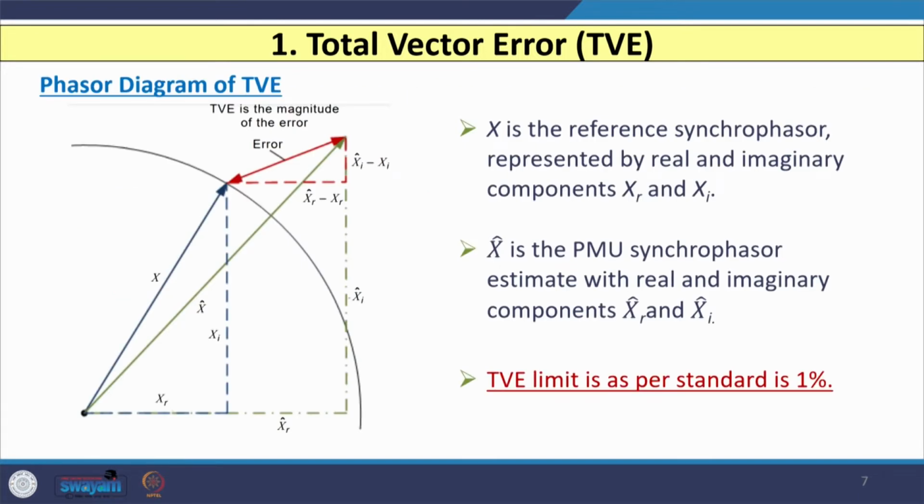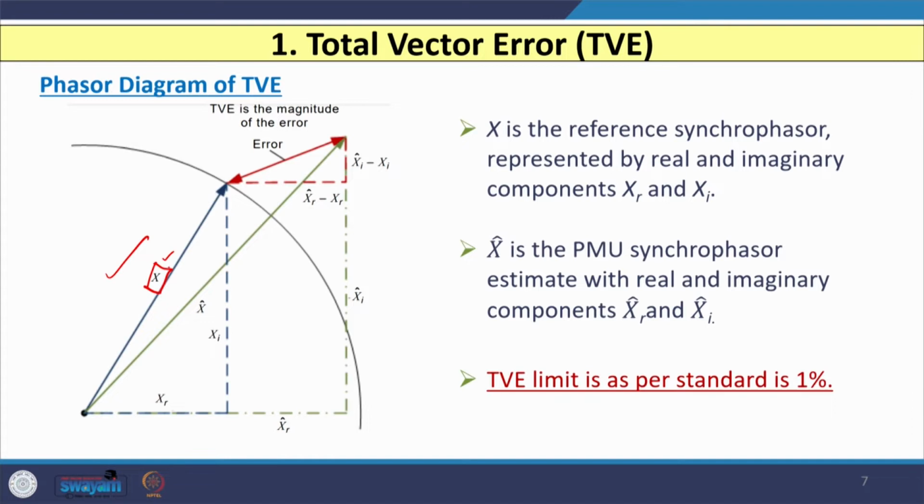If we understand the total vector error with reference to the phasor diagram, I have shown one phasor diagram here, where X is the reference synchrophasor, represented by its real and imaginary parts.